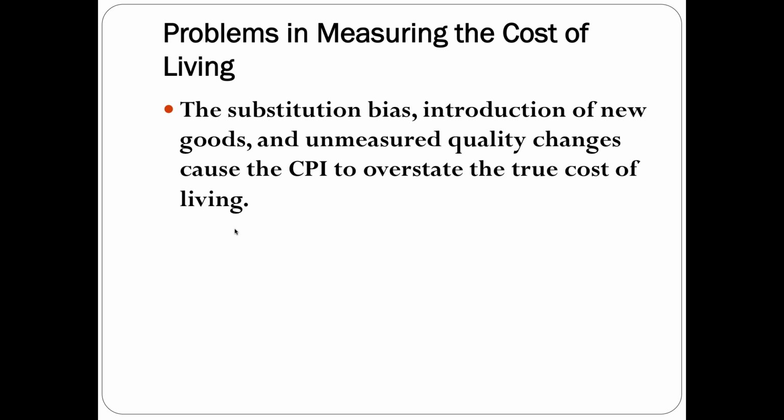Now, the substitution bias, introduction of new goods, and unmeasured quality changes cause the CPI to overstate the true cost of living, usually by about 1% or so. And it's important to have an accurate CPI because the CPI is used to adjust for changes in the overall level of prices.